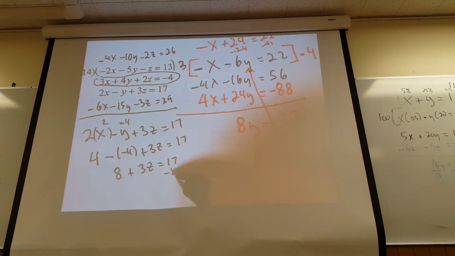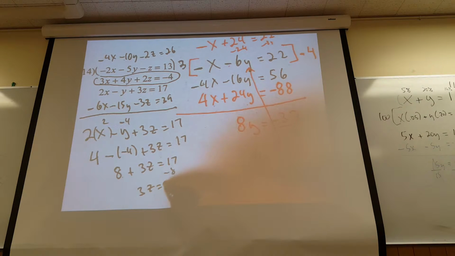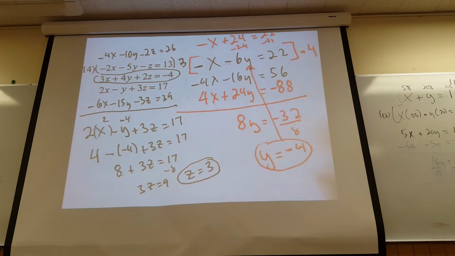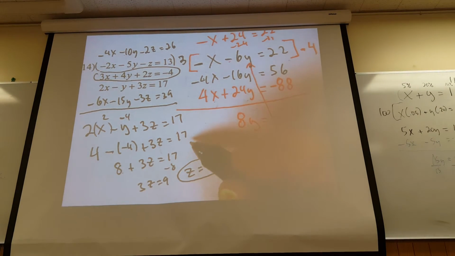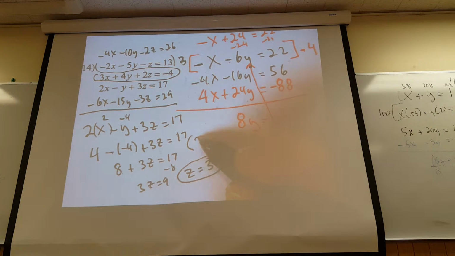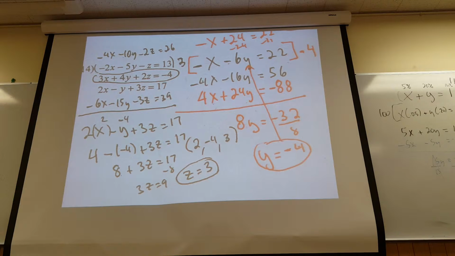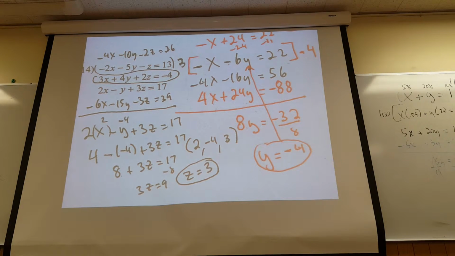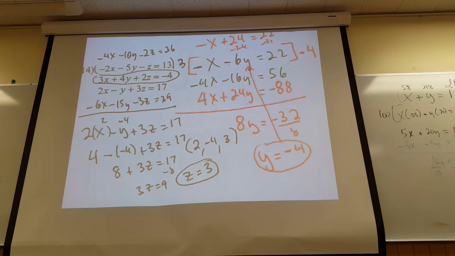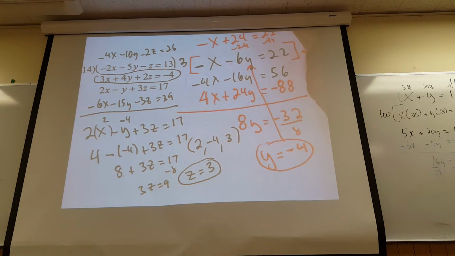So when you minus 8, 3z is 9, so z is 3. So you write your answer as x, which is 2, y, which is negative 4, and z, which is 3. All right.